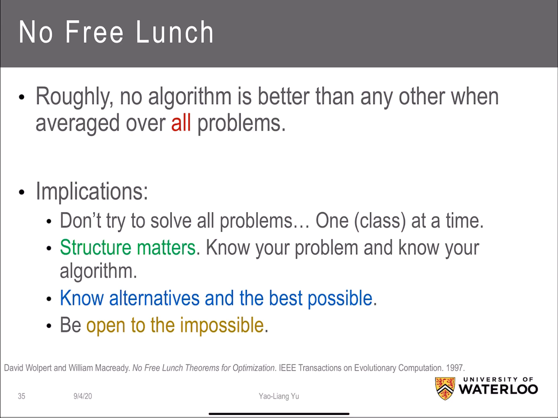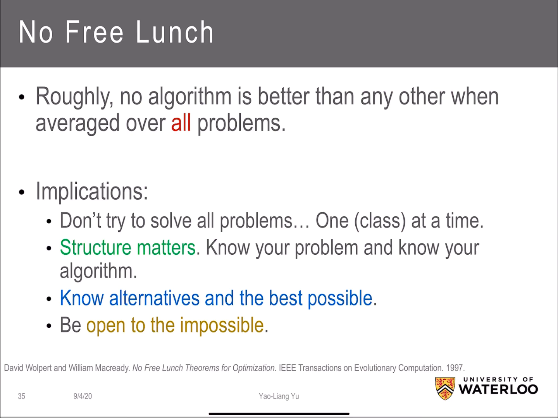So what is the implication of this statement? A, you shouldn't try to solve all problems, right? You should always try to focus on one or maybe one class of problems at a time, and you really need to exploit the structure in your problem. By exploiting your structure, some algorithm may behave much better than other algorithms.